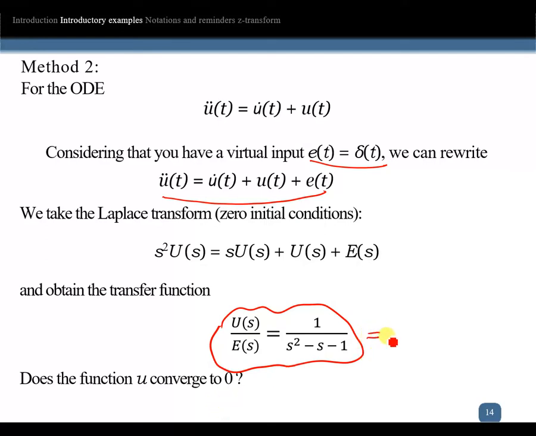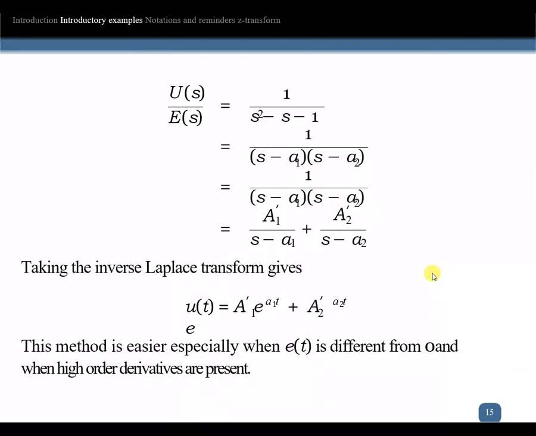This one with the partial fraction, you can find two terms, A1 divided by s plus a1, plus A2 divided by s plus a2. You can find the A1 and A2, and you can find the value.